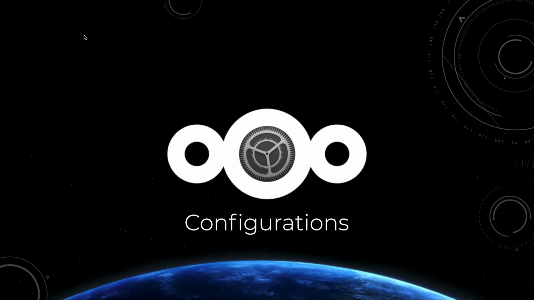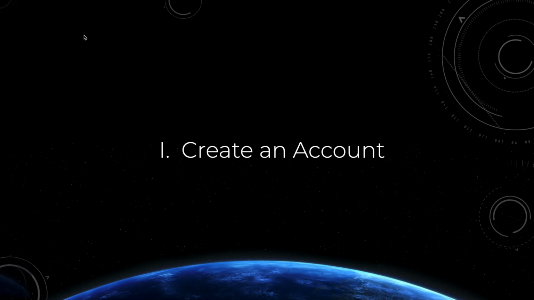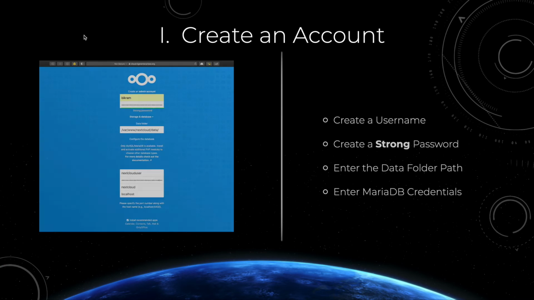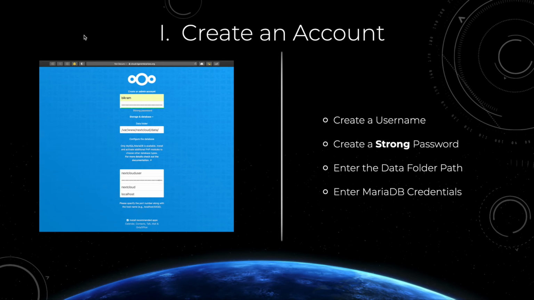Now that our Nextcloud server is up and running, it is time to create a new account and make some important configurations that can dramatically improve our user experience. To create a new Nextcloud account, we want to create a new username and enter a strong password that meets Nextcloud security requirements.